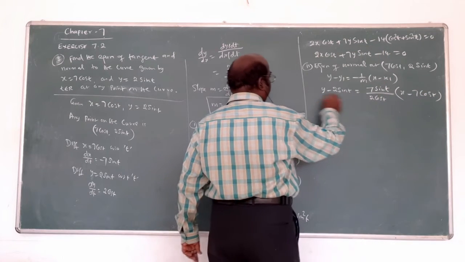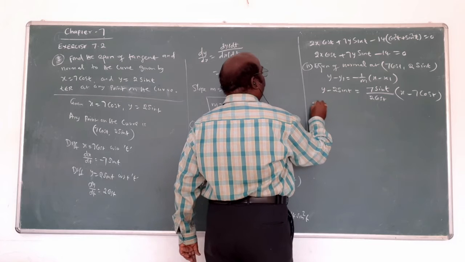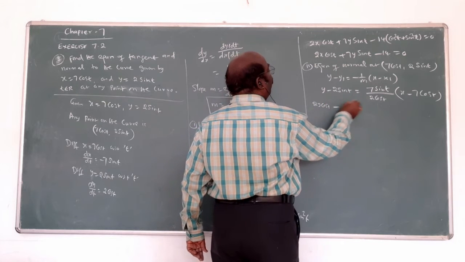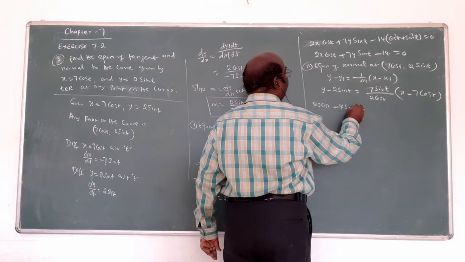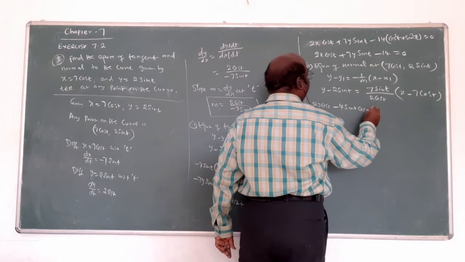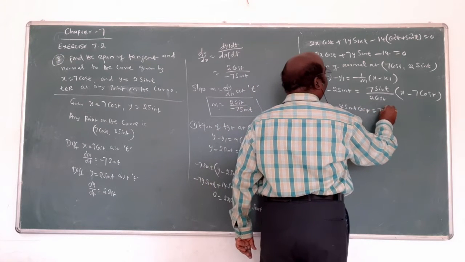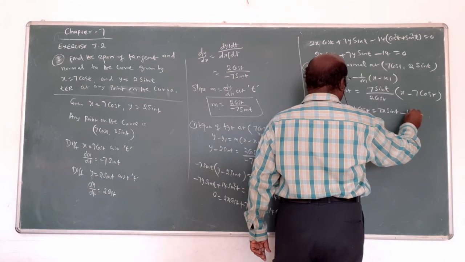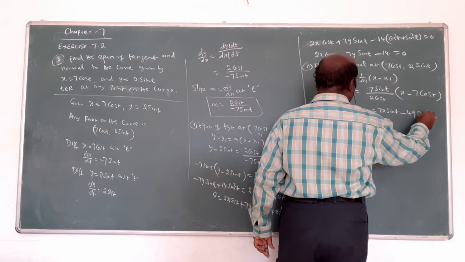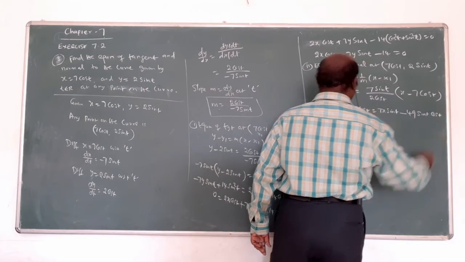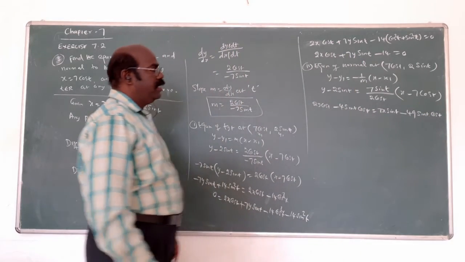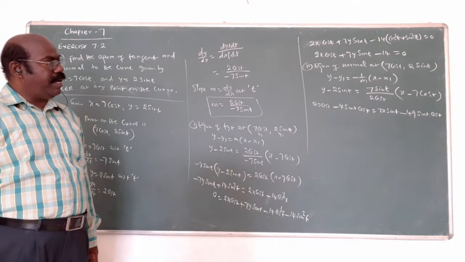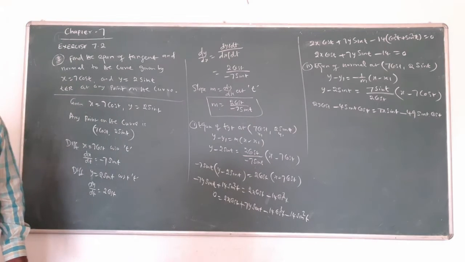Now cross multiply by 2 cos t: 2y cos t minus 4 sin t cos t. Am I right? Here 7x sin t minus 49 sin t cos t, since 7 sevens are 49.